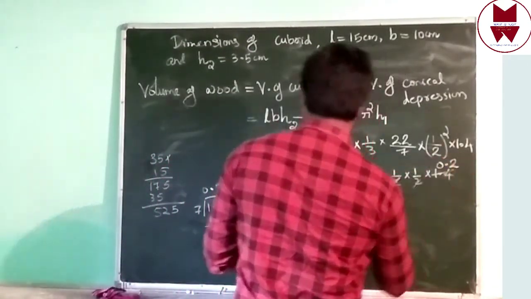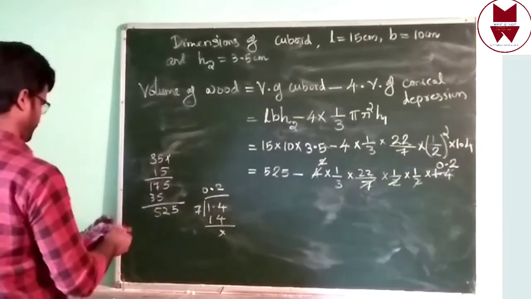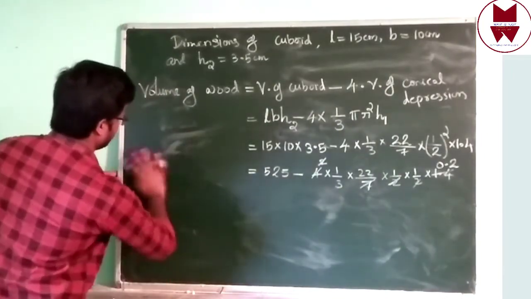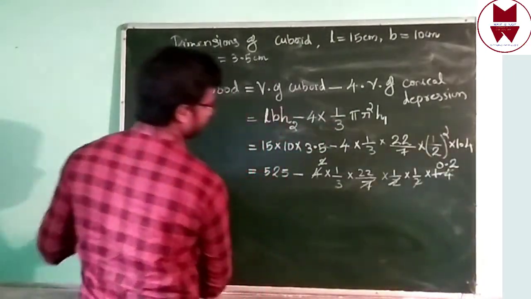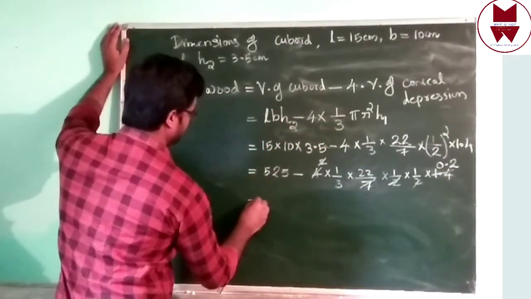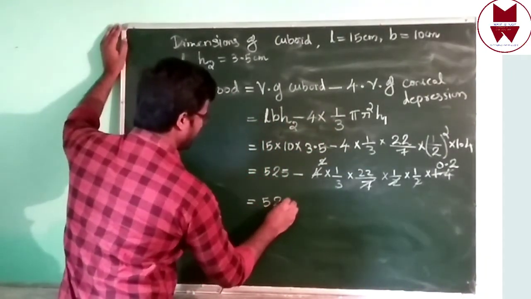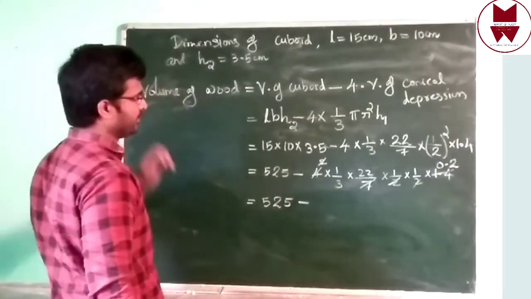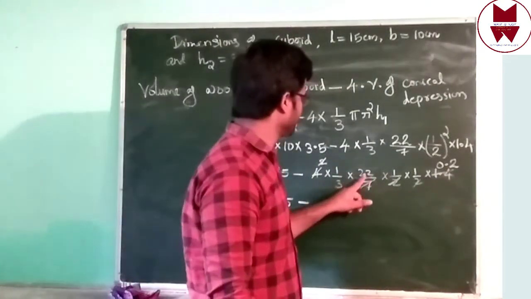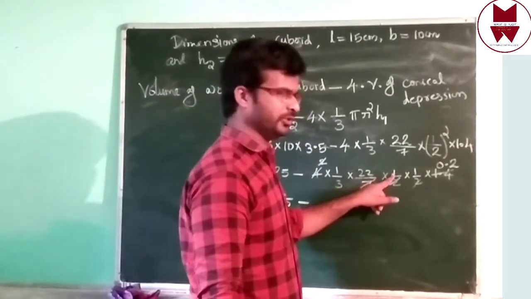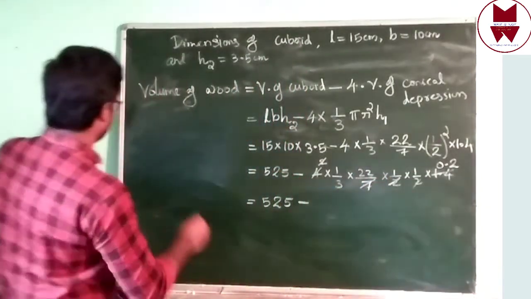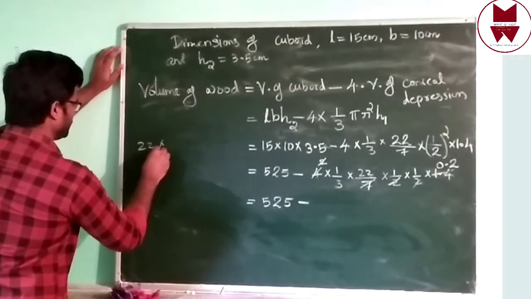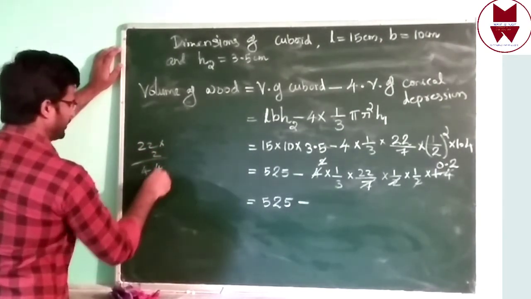Then 525 minus, you can multiply 22 into 1, 22, again 1, 22, then 22 into 0.2, 22 into 2, you'll get 44, isn't it?